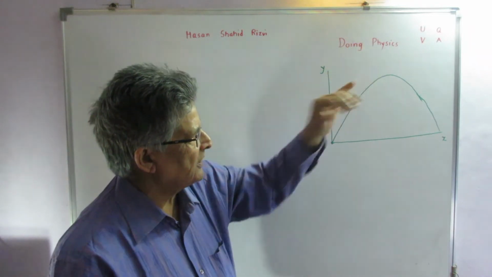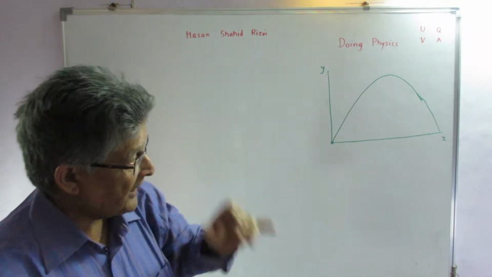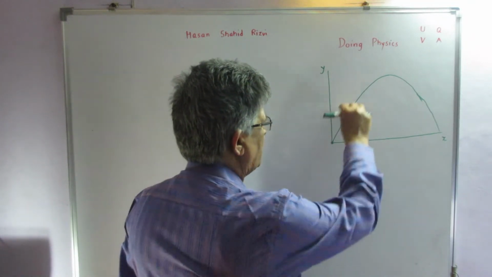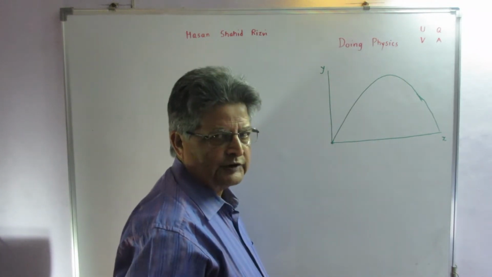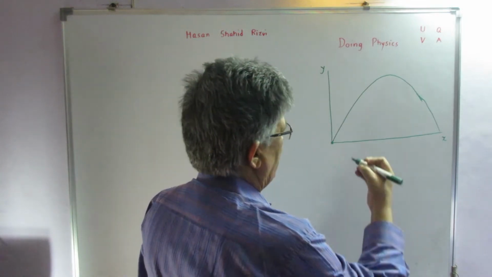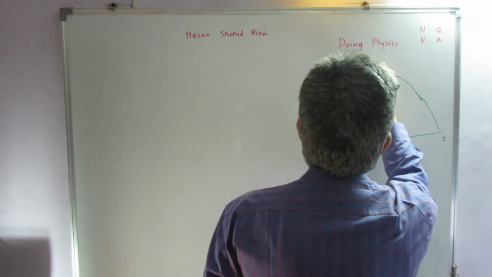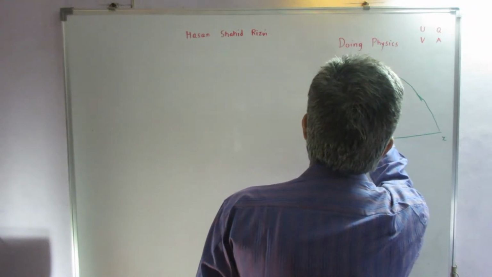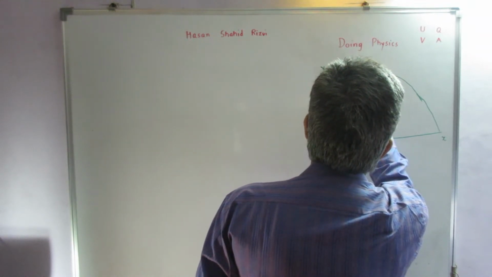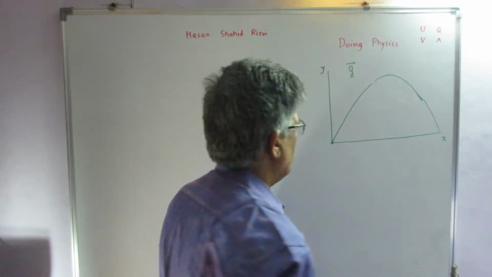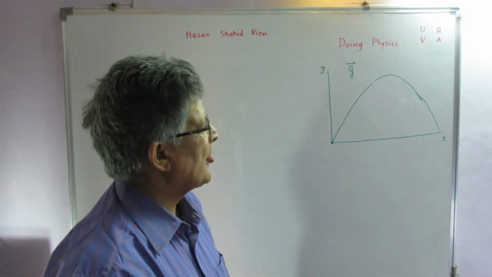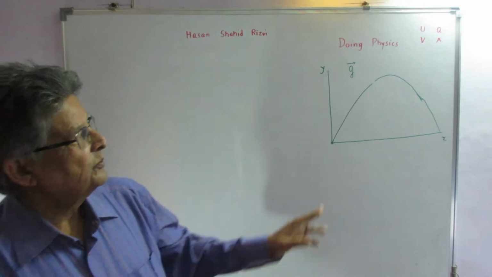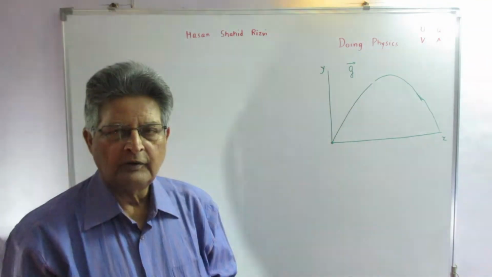Ultimately it reaches a certain height. So this is the ascending motion in the field of gravitation. And this field is constant.